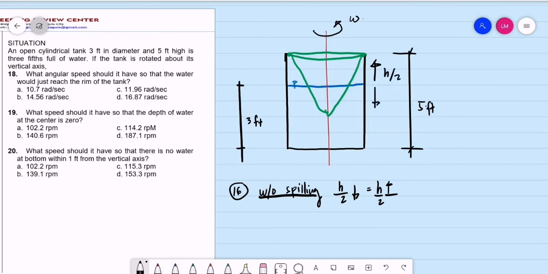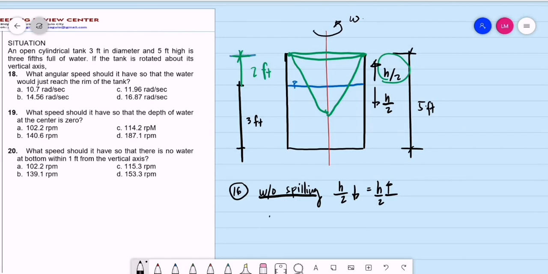The downward movement of the water, or the center of the liquid surface going down without spilling, is allowed to go down at a depth of h over 2. By the way, what is our free space? Our free space earlier is 2 feet. So what is the equivalent of h over 2?